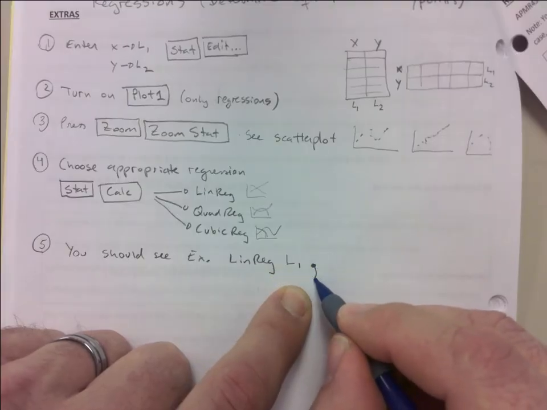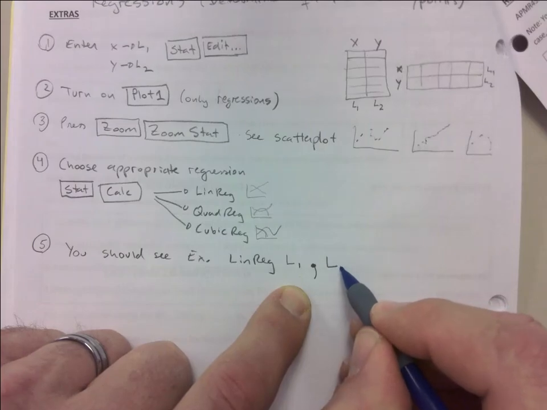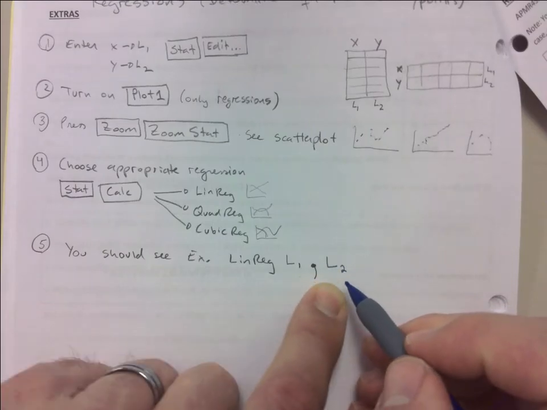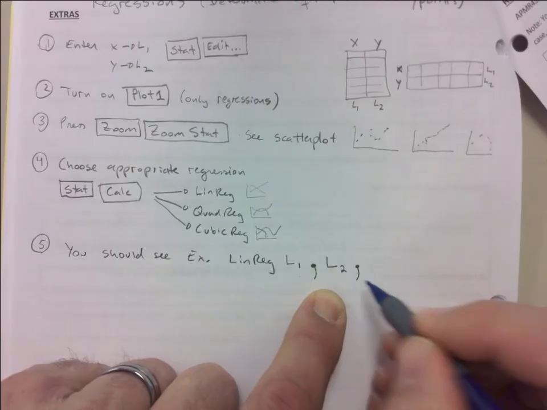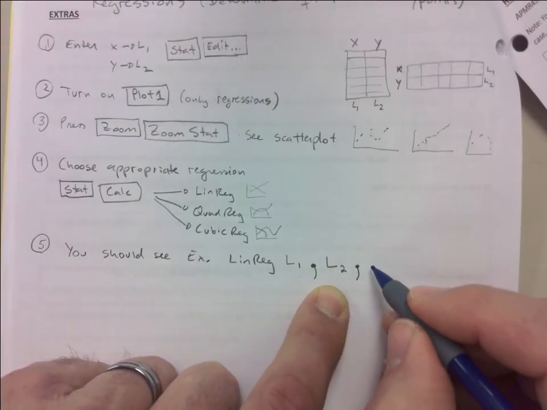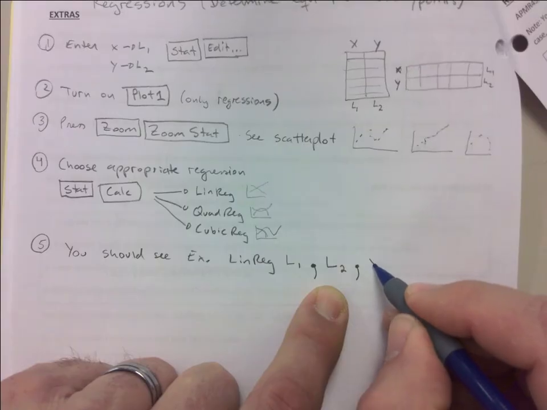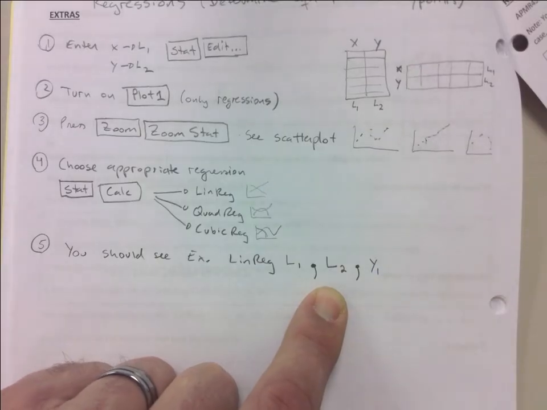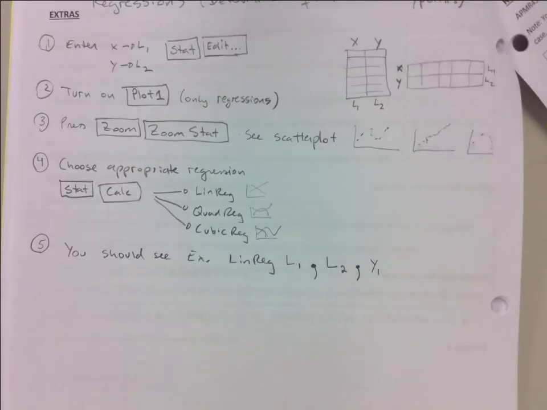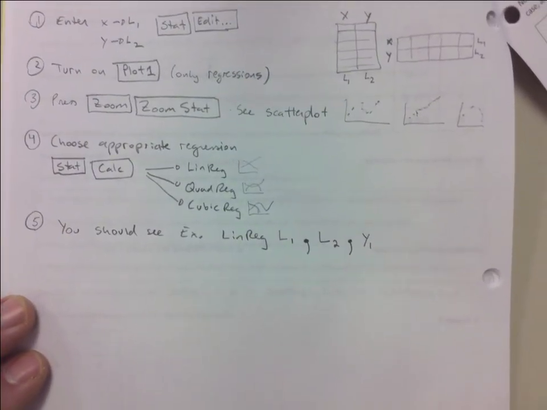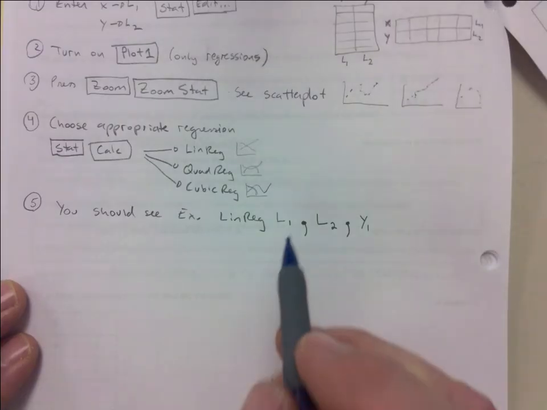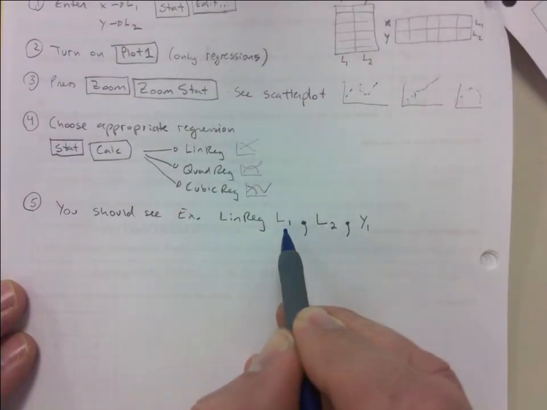Then there's a comma. We're going to tell the regression where to get the y values. Another comma, I make it nice and big, okay? Where do you want to store the equation? Unless I have multiple equations for this problem, we're generally just going to put it into y1.